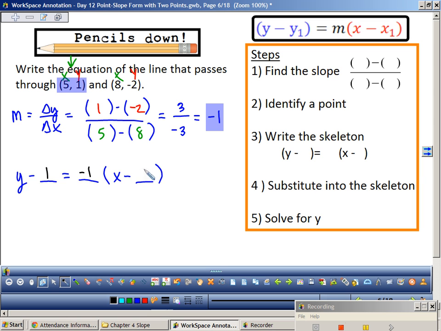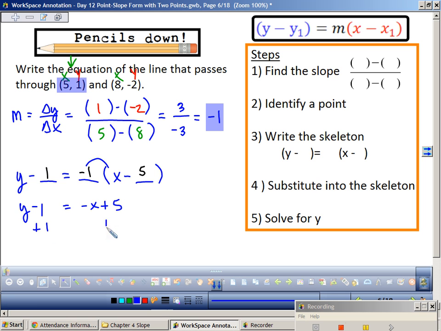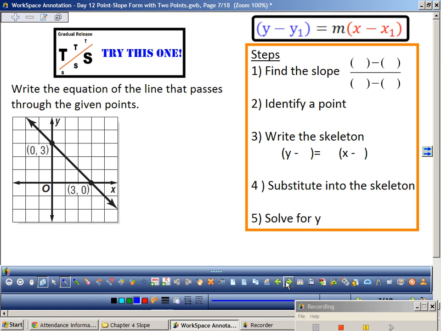And what's my x value? 5. So I have y minus 1 equals negative x plus 5. Add 1 to both sides. And I get y equals negative x plus 6. Questions?